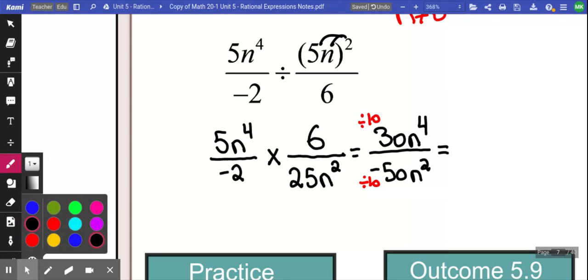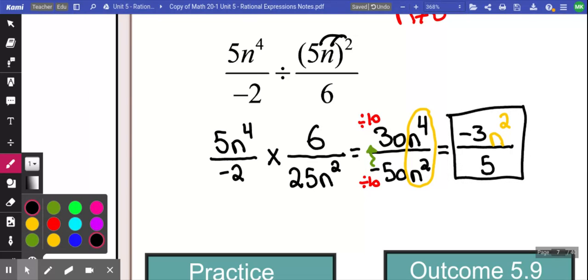I'm also going to float that negative to the top to become negative 3 divided by 5. I'm then going to look at my variables in my monomials. I have n to the power 4 divided by n squared. 4 minus 2 is 2. That's n to the power 2. And that is my answer.